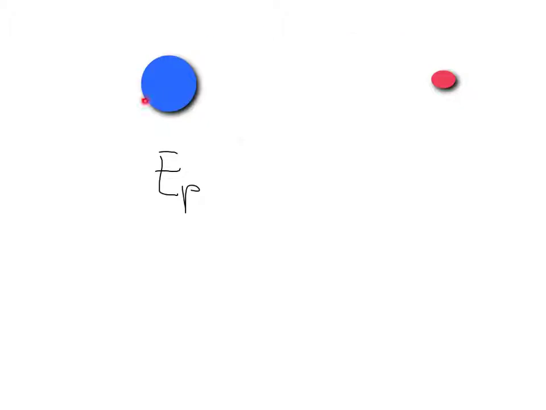Therefore, these two things have some potential energy. And we ended up defining potential energy as the work that we had to do to move the small charge from infinity to the point where it ended up. Now let me just add the distance here. So this is at a distance r. And this again has big mass M, this has small mass little m.